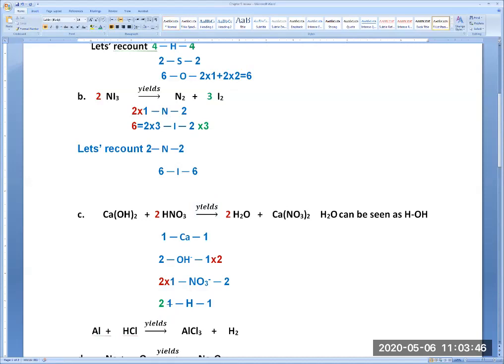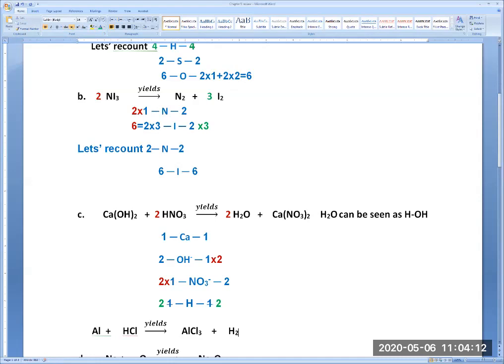So it's 2, and you need to see it as HOH. We already counted the 2 OH here, and so we have now 2 H's. So here we also changed that to a 2. So this is crossed, and now it's a 2. Okay? So now we have 2 hydrogens on the right.